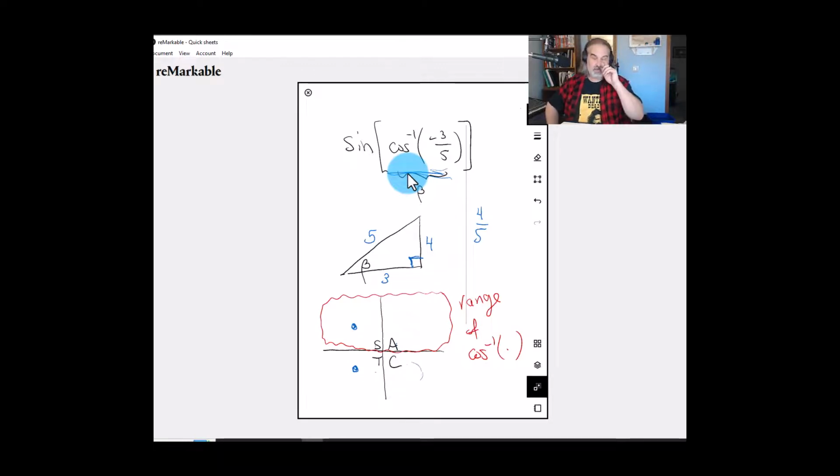That's the rule about what's positive where. So there's 2 quadrants where the cosine is negative. So this angle lives in quadrant 2 or quadrant 3. Now the trick is, since we're looking for the sine of that angle, right, up here the sine would be positive, but down here the sine would be negative. Which one do we pick?